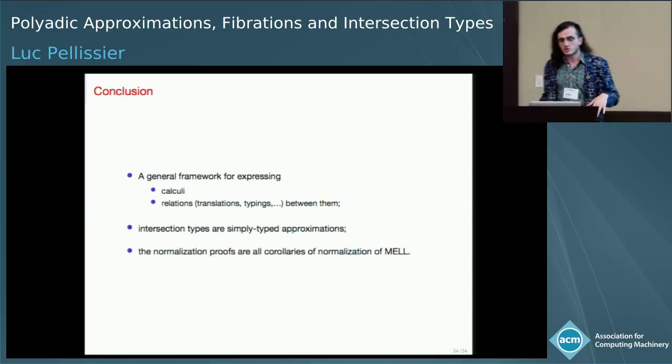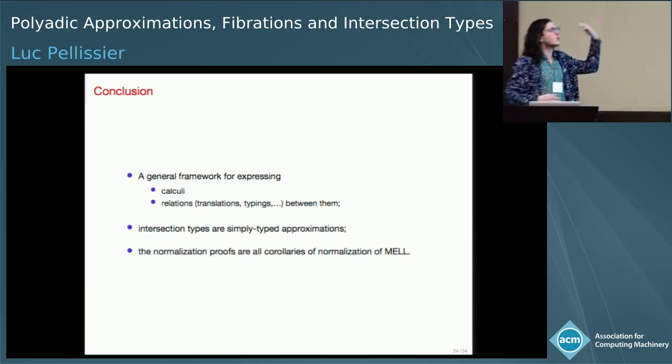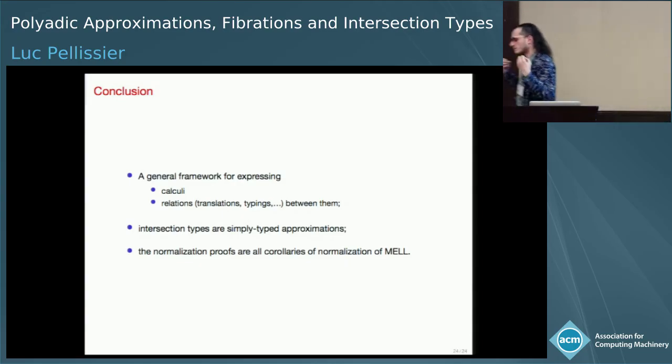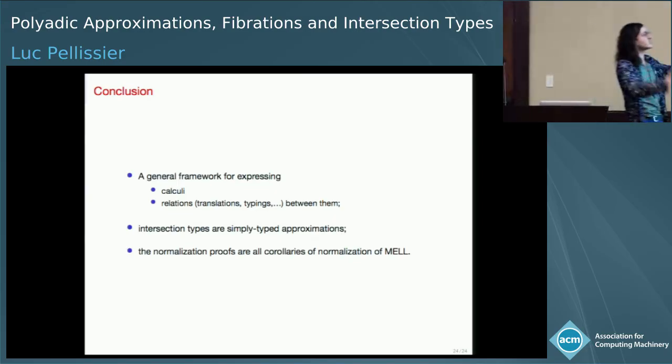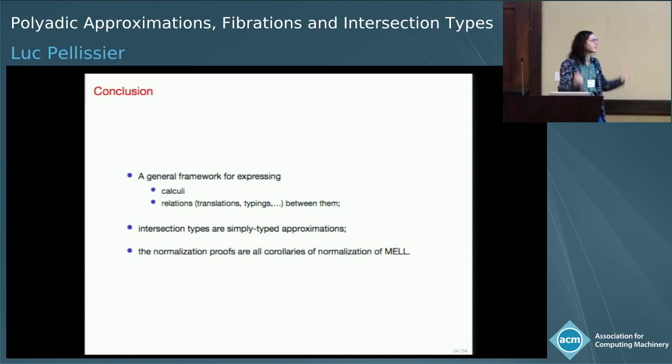So as a conclusion, you can see that we gave a very general, very abstract framework, maybe a bit too abstract, that can express calculi, that can express relations between calculi, but that allows to say one slogan, and that allows it to be fully, precisely true, which is that intersection types are simply typed approximations.